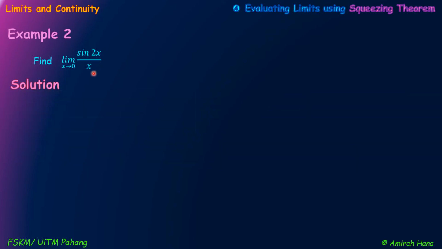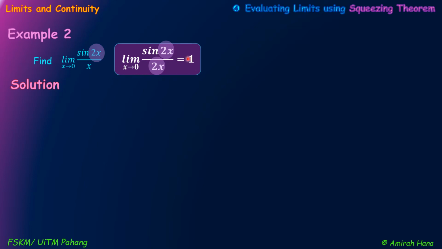Now we look at the correct method to solve this question. From limit as x approaches 0 of sin 2x over x, the argument of sine is 2x, which is the angle of sine. So we need to refer to limit as x approaches 0 of sin 2x over 2x equals 1 from the squeezing theorem.